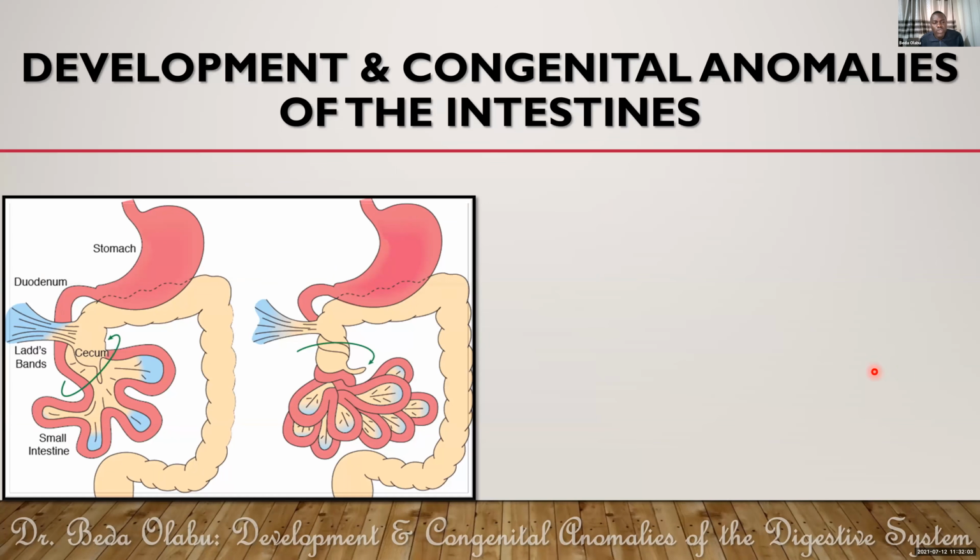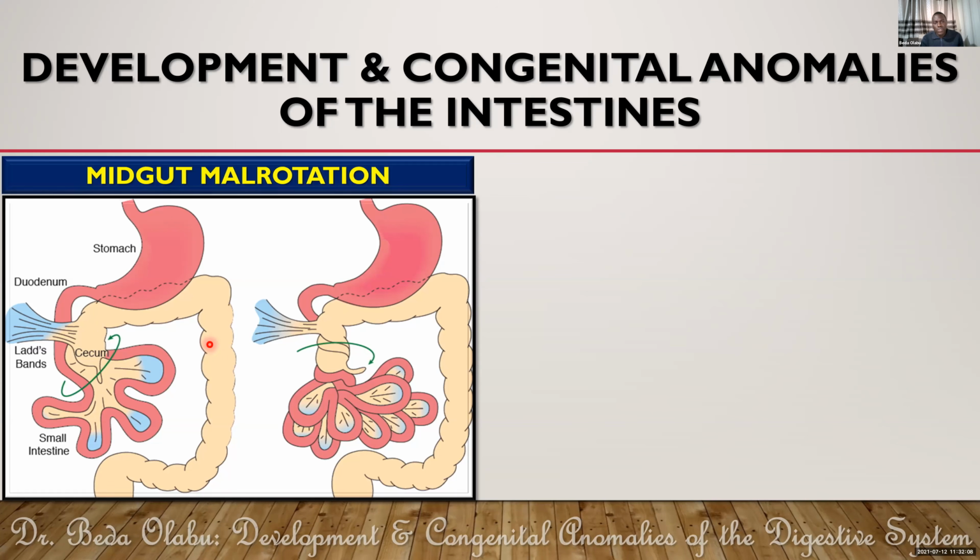You may have abnormal rotation of the intestines, and that's what we call malrotation of the gut. Because the rotation largely affects the midgut, we just call it midgut malrotation. In midgut malrotation, how will you know?